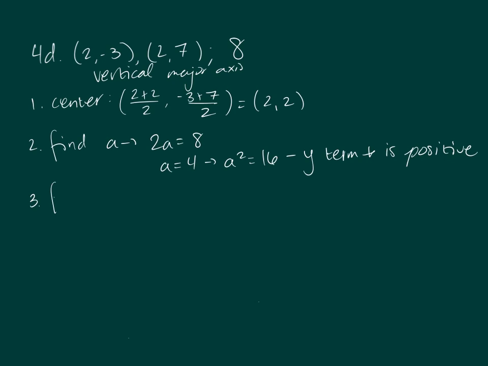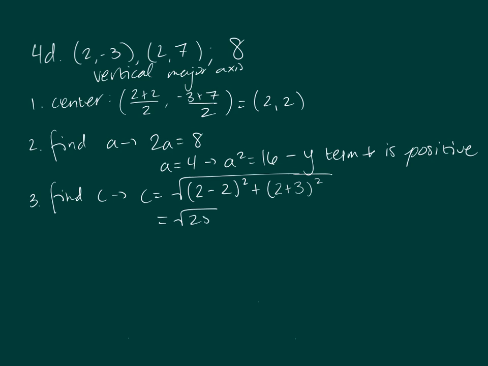Then we need to find c, so we're going to do the distance formula. So c is equal to the square root of the distance between our center and one of our foci. So (2 minus 2) squared plus (2 plus 3) squared is equal to the square root of 25, which is 5. And so c squared is 25.